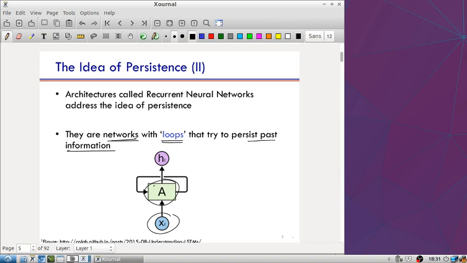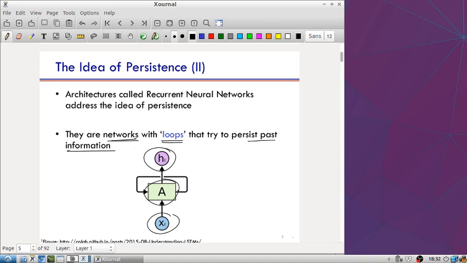But this network actually outputs 2 things. Okay, actually just one thing, which is ht. I'm using h because it's going to be related to hidden values, the hidden vector, I guess the activation vector, right? So at time t, I gave an input xt and I got an output ht.